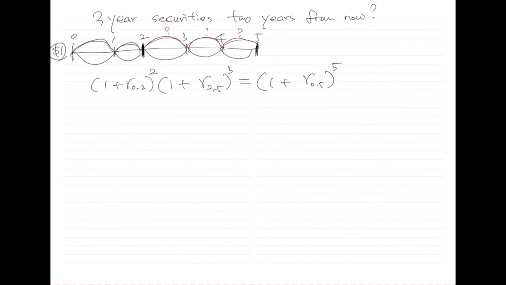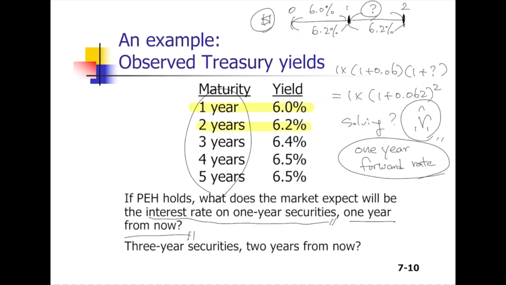And as I mentioned before, we already know these numbers because they are already traded in the market. 2-year securities and 5-year securities here, right? 6.2 and 6.5.